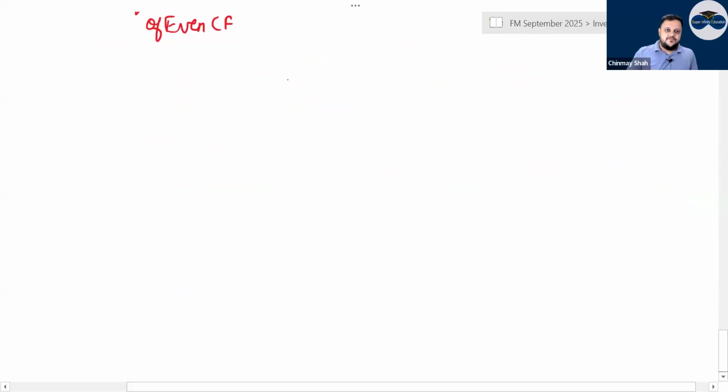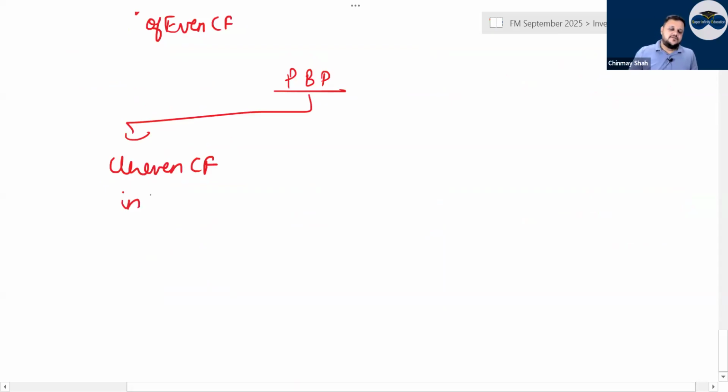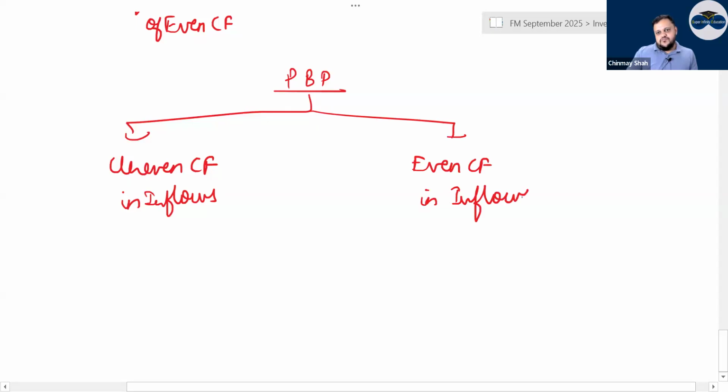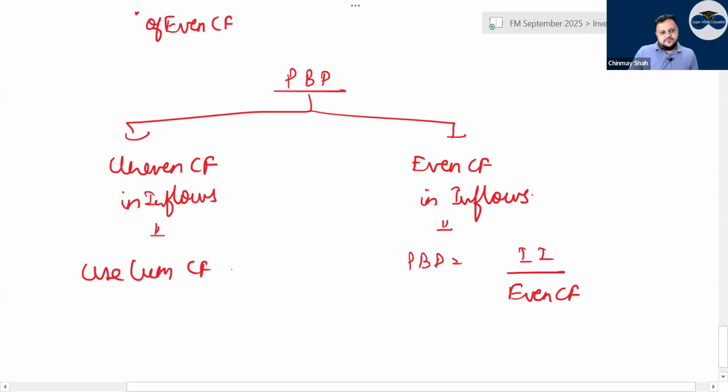Two ways, write, payback period heading: uneven cash flows, cash flow inflows, and even cash flows. For even cash flow, how will you calculate the payback period? Initial investment divided by even cash flow. Not even a formula at all. But for uneven, use the cumulative cash flow method, right?